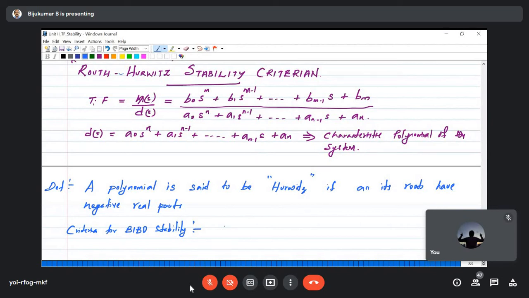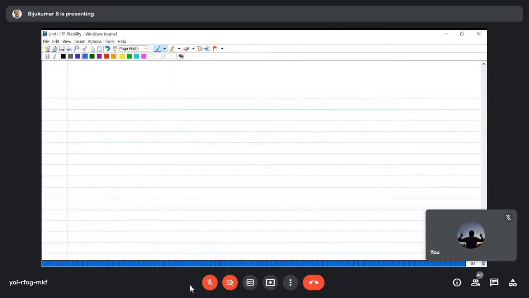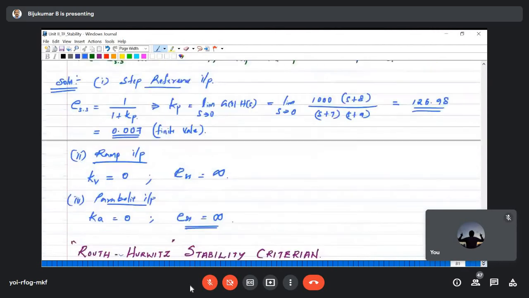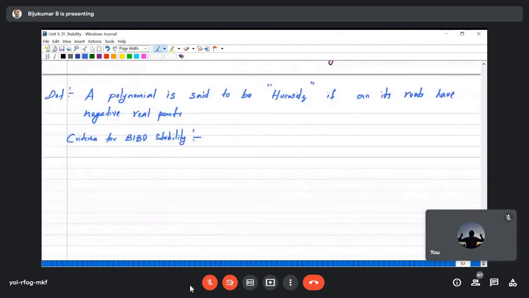That is the general definition, and we have seen that according to the position of the poles, we can decide the stability of the system, right? So according to the location of the poles, how can we define the criteria for stability? Yes, sir. The poles must lie on the negative axis. Yeah, correct. Absolutely right. That means all the roots of the characteristic equation.